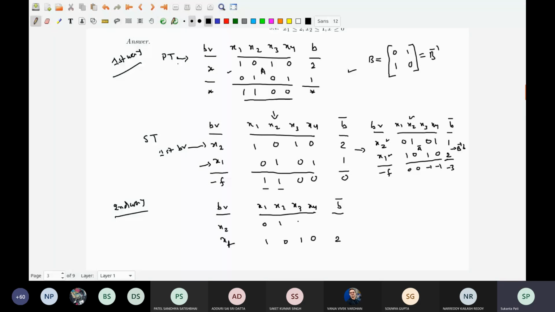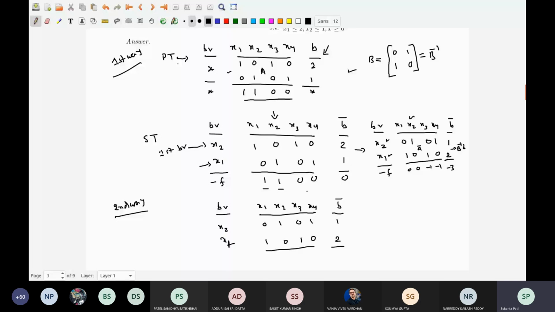You write B inverse A, write B inverse B. Because I have also multiplied B inverse with this B, that will interchange the rows. That is fine.